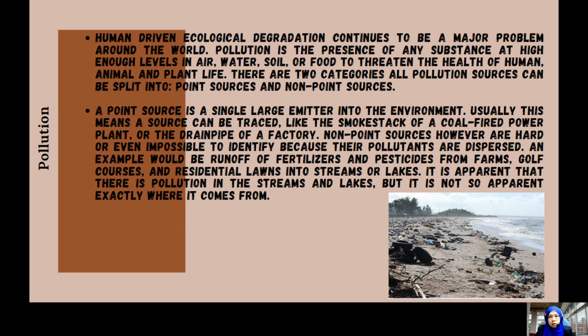There are two categories of pollution source. Pollution sources can be split into point sources and non-point sources. A point source is a single large source entering into the environment.